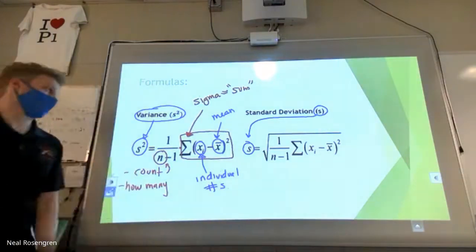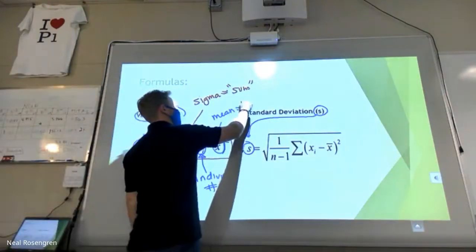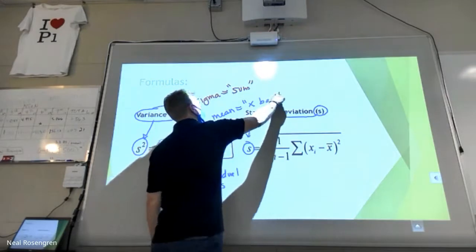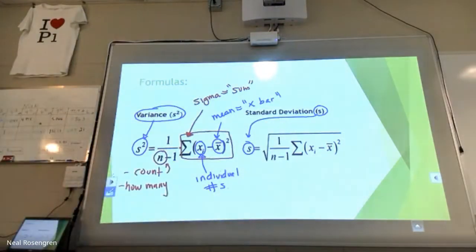We can say that out loud as X bar, because it's got a little bar on top. But that's just the average. Look what we're going to do. We're going to take each point, subtract the mean, then square it. Then we're going to add them all and see what we get.